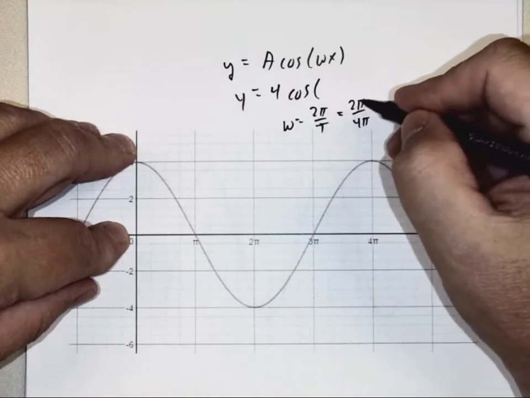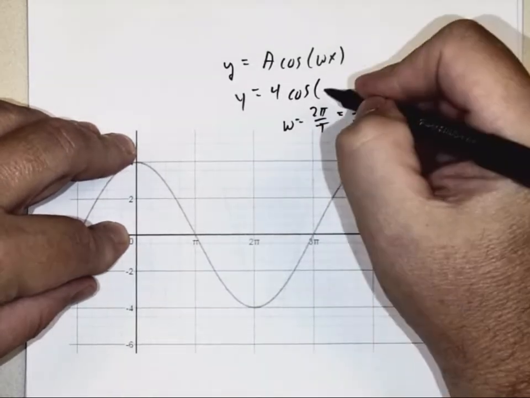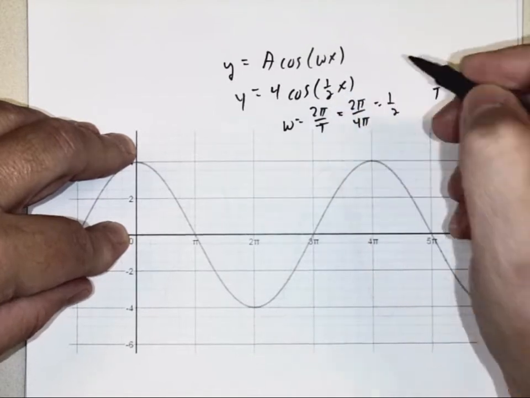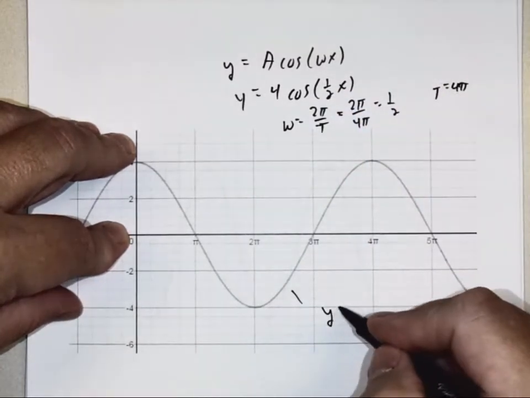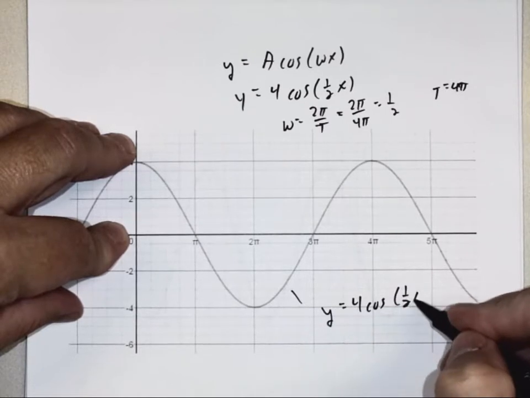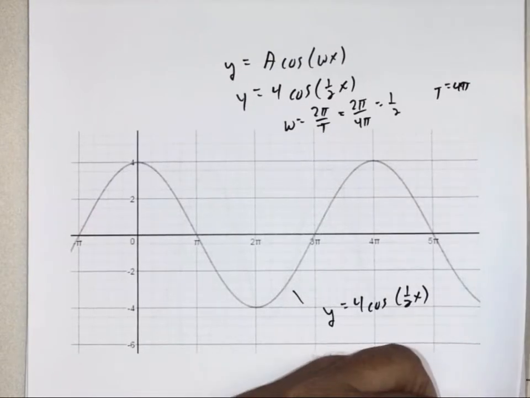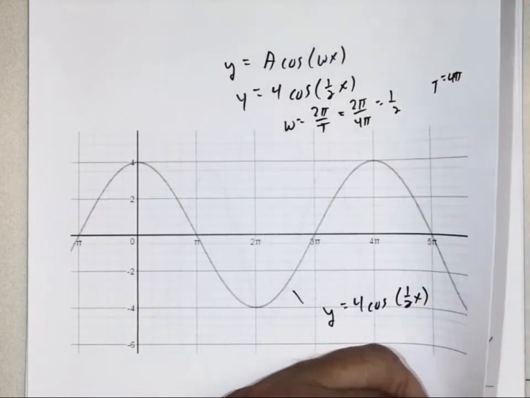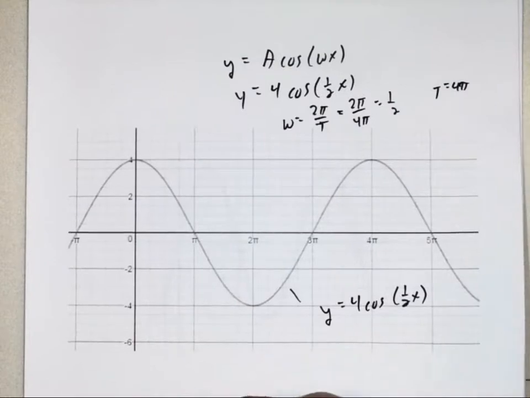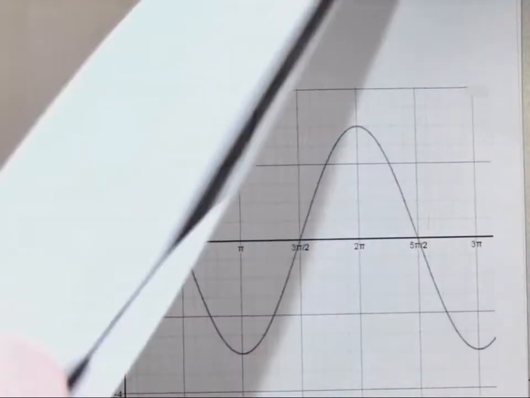So omega is 2 pi over 4 pi, which is 1/2. So the equation is 4 cosine 1/2 x. Really, not too difficult. I think maybe the rest of these are all about the same.